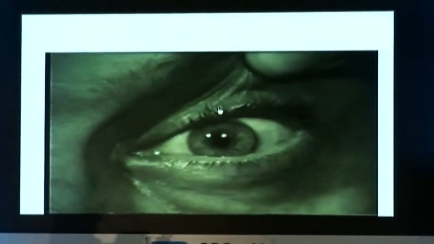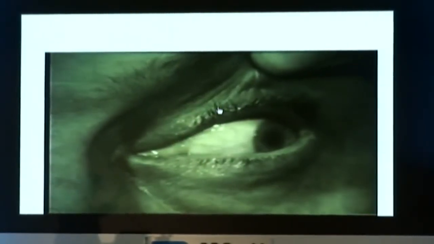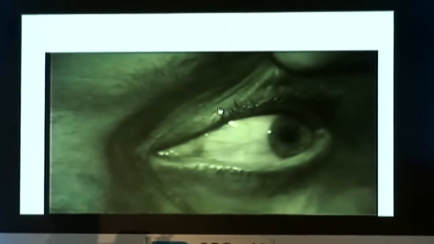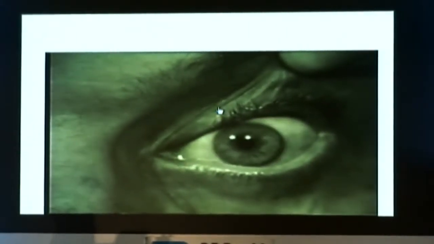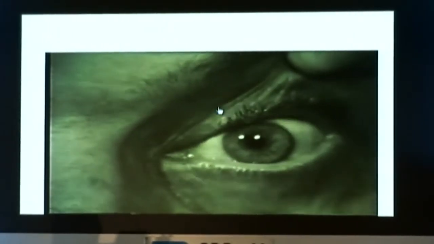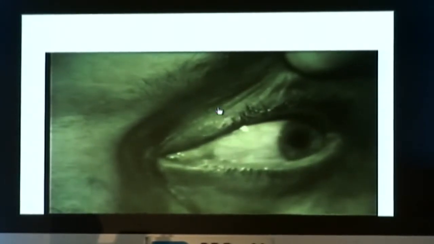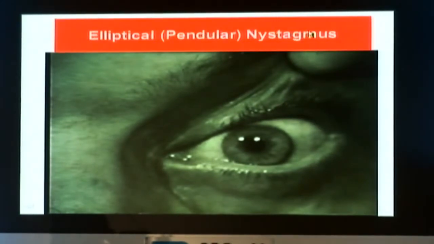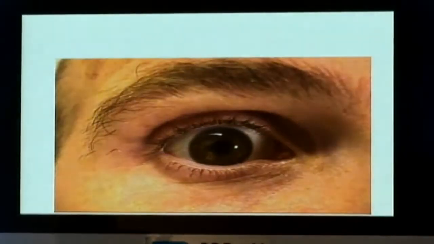Well, we would call this elliptical nystagmus. It's a pendular nystagmus. Elliptical pendular nystagmus. So this is a very classical form of a pendular nystagmus. Let me show you one more case.